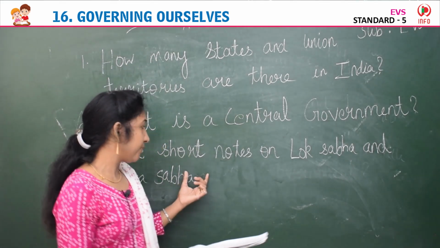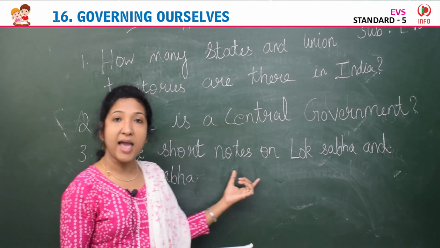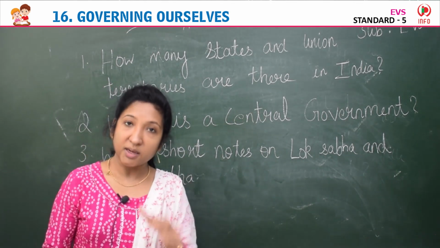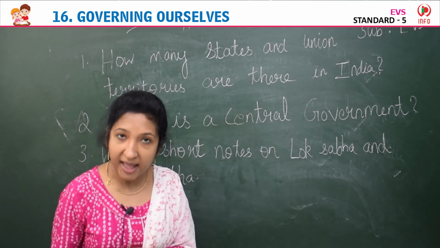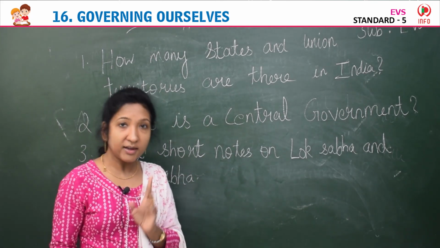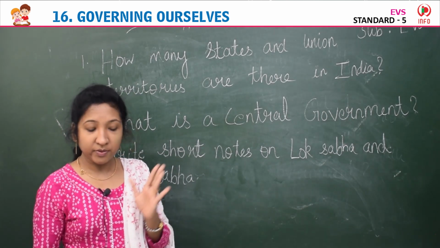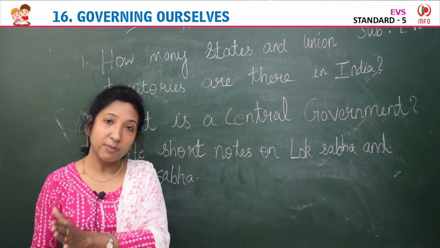Once more I will read. Third question, write short notes on Lok Sabha and Rajya Sabha. In your lesson's second page, under the heading Lok Sabha and Rajya Sabha, you can find these answers. First you have to write there are two houses of parliament, Lok Sabha and Rajya Sabha. Under Lok Sabha you have to write the maximum strength of the members.